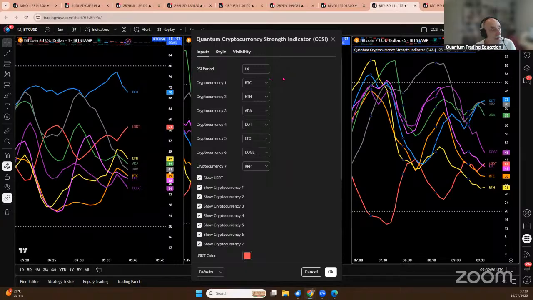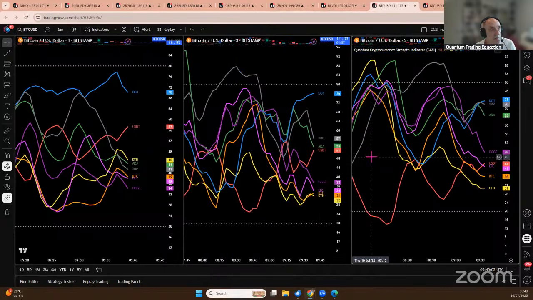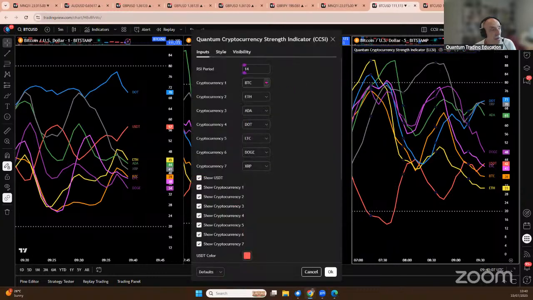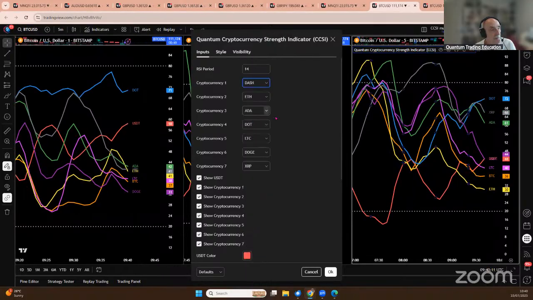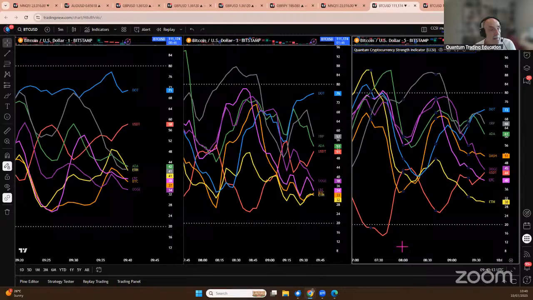So there is absolutely no restriction. You go into settings, click on the drop down, change it to one of these, put dash on, click OK, and then dash will appear on your time frame.